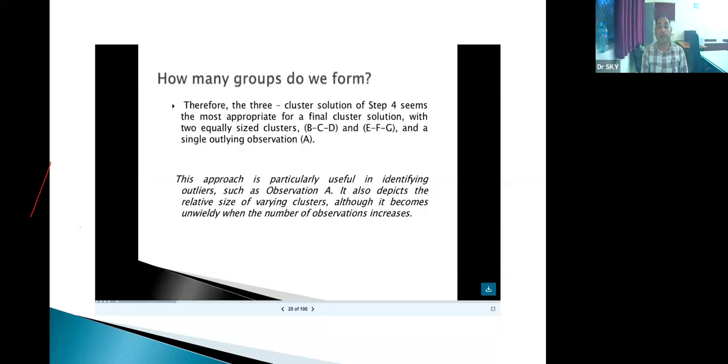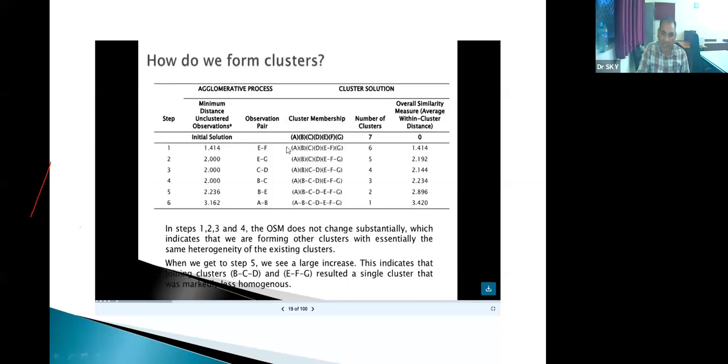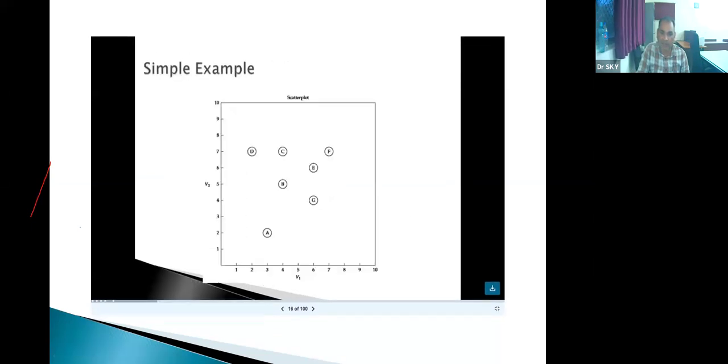How many groups do we form? This is another question. So there are 3 cluster solutions at step 4. This seems the most appropriate for a final cluster solution, with 2 equally sized clusters BCD and EFG and a single outlying observation A. So A is an outlier type observation, you can see here.